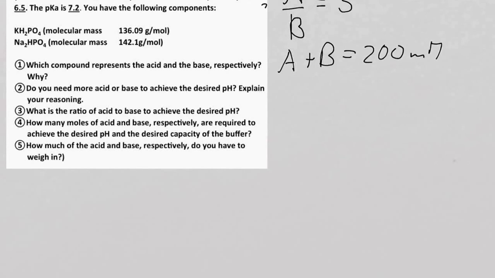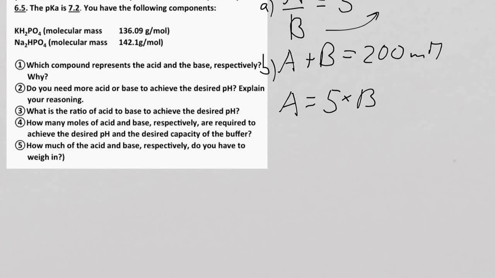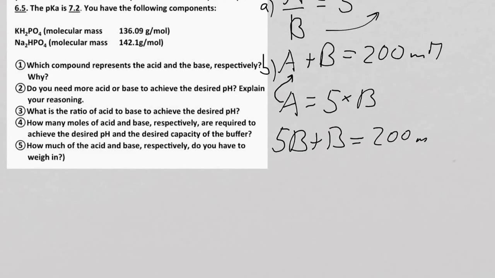So we have basically two equations, and if we rearrange the first equation we find that A equals 5 times B. We can put this into our second equation: instead of A, I write 5 times B plus B equals 200 millimolar, and 5B plus 1B gives me 6B equals 200 millimolar.